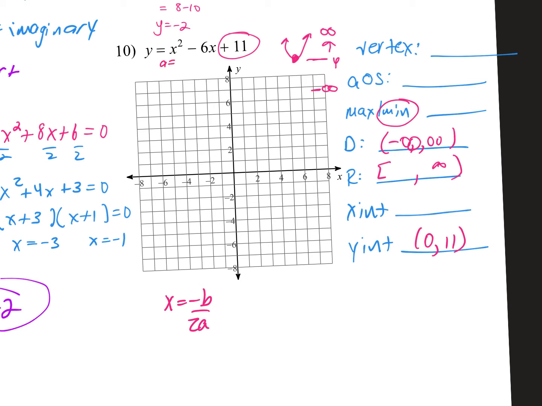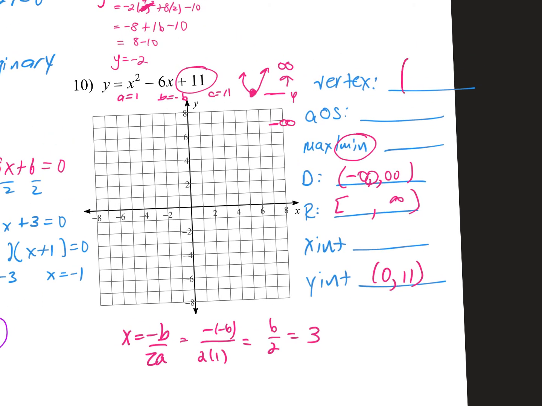So a equals 1, b is negative 6, and c is 11. So I have a negative negative 6 over 2 times 1. 6 over 2 equals 3. So my vertex is at 3 comma something. My axis of symmetry is at x equals 3. That cuts the parabola in half.